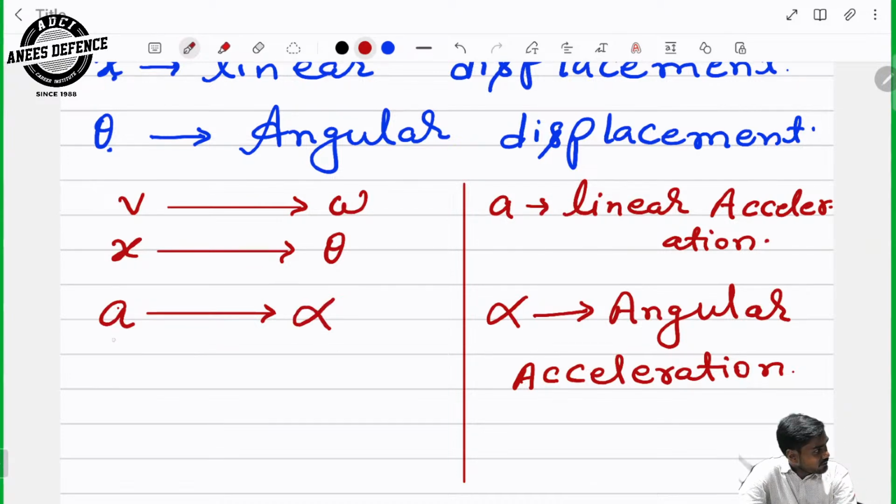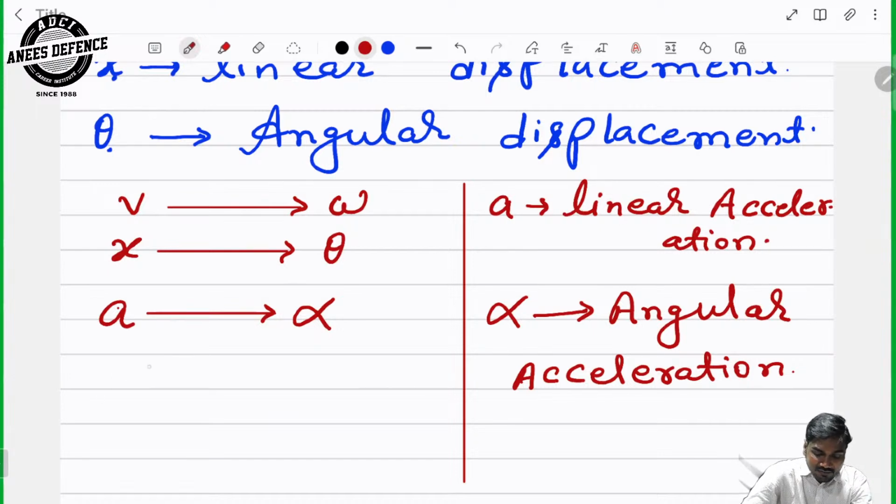In linear motion the symbol is a, in angular motion the symbol is alpha. In linear motion the symbol is x or linear displacement, and in angular motion the symbol is theta. In linear motion v, and in angular motion omega.